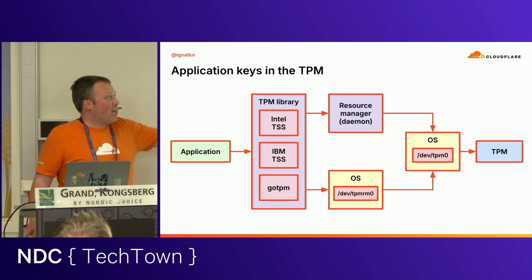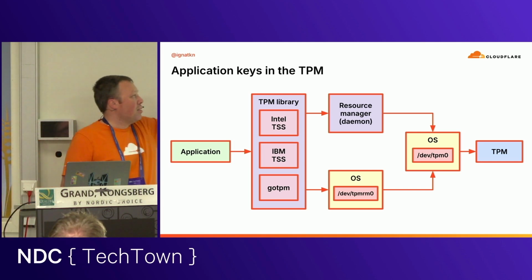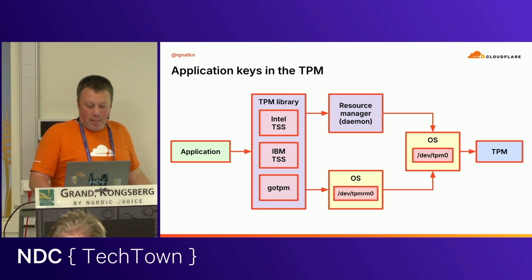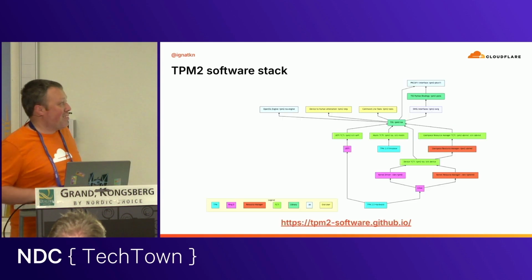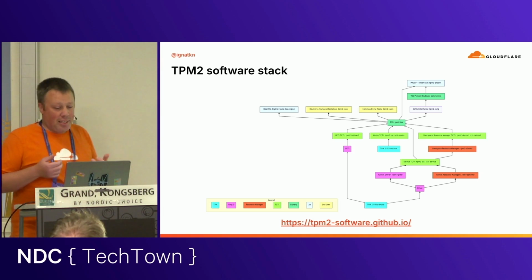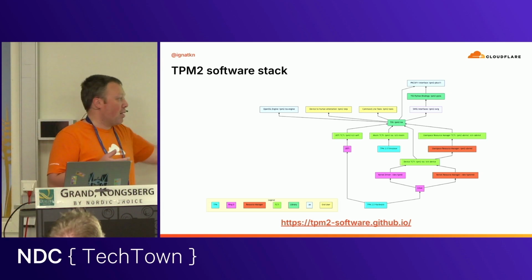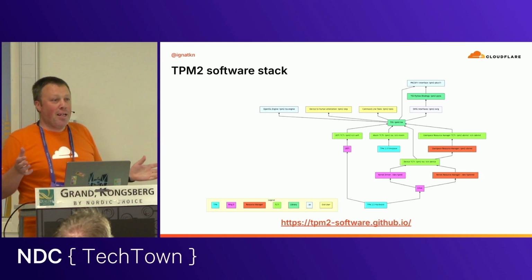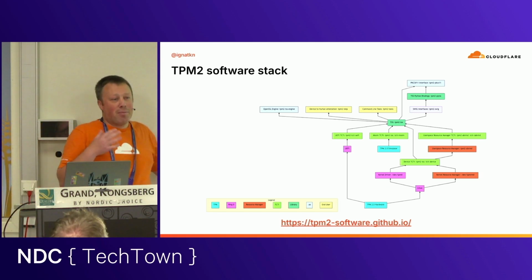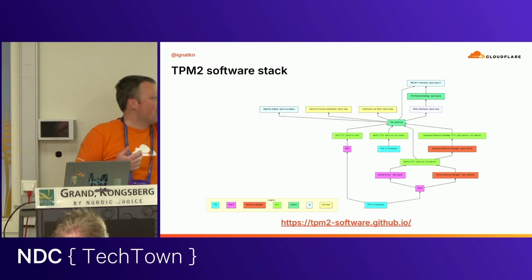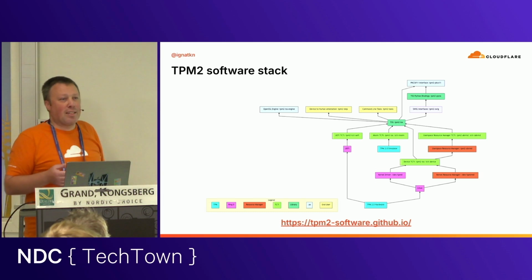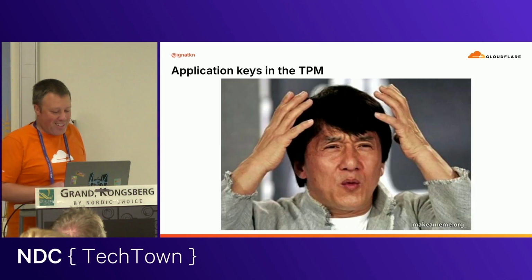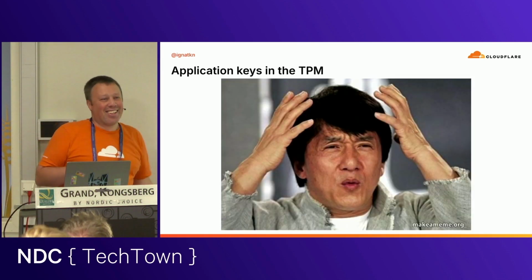So now you have all this complexity: you need to think about resource managers and the TPM library. For example, this is a snapshot from the TPM2 software stack official GitHub page, showing all the components of this TPM ecosystem, which you as an application developer somehow need to understand, so you can interface with different things on different layers, and pick the proper one for your use case, which is really confusing.